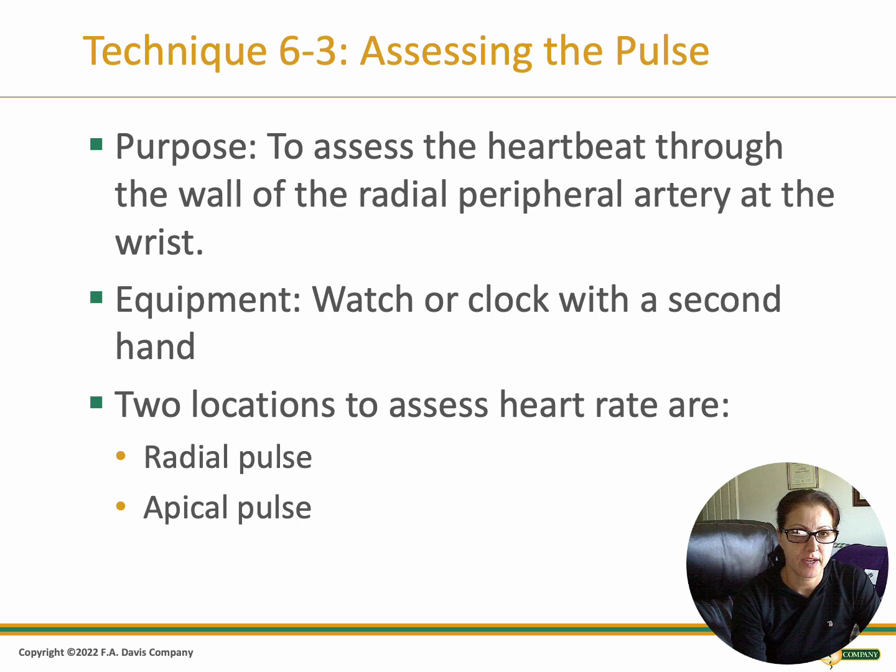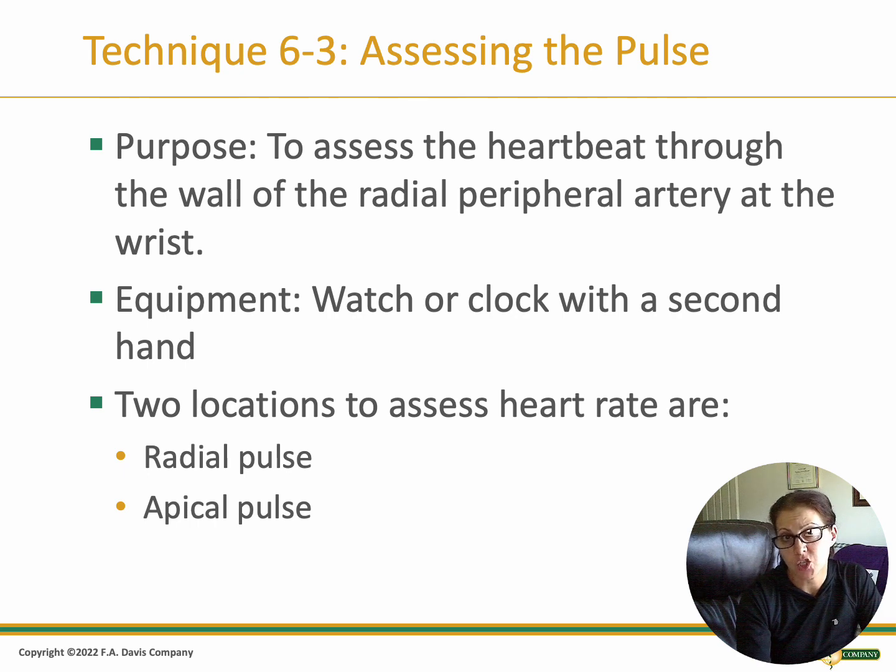So the next set of vital signs that we collect is the pulse, and we assess pulse and respiration one and then the next one. Pulse is the assessment of the heartbeat through the wall of the radial peripheral artery at the wrist, and the most common region to assess is the radial artery right below the thumb region.